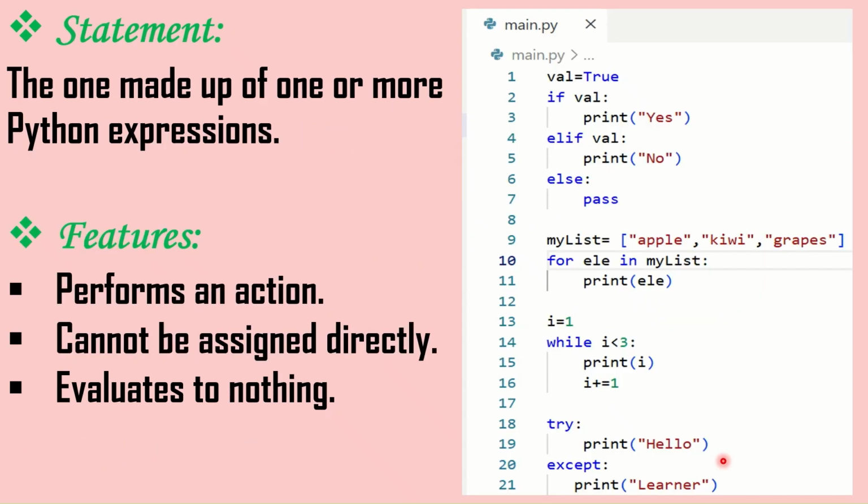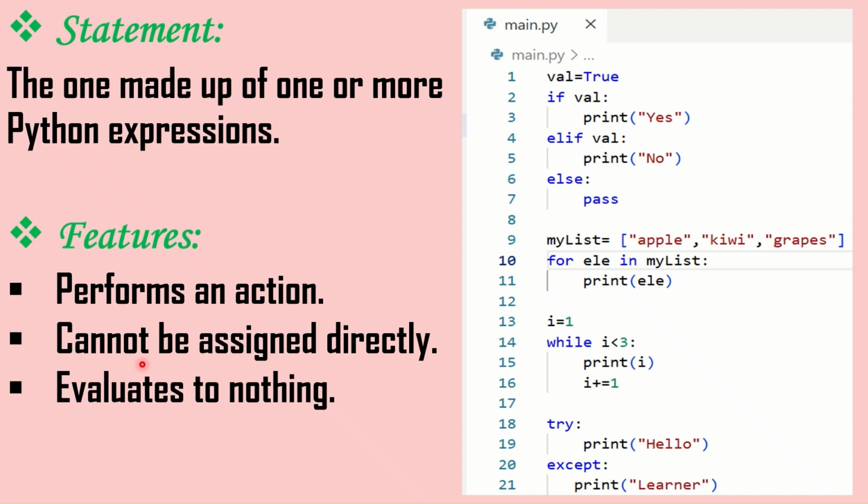Next, let's see about statement. A statement in Python is the one that consists of one or more Python expressions. We have already talked about Python expressions, right? So a statement is the one that contains these Python expressions. If we look at its features, a statement always performs an action. Whenever we define any condition or statement in Python code, it always performs some action based on the code defined.